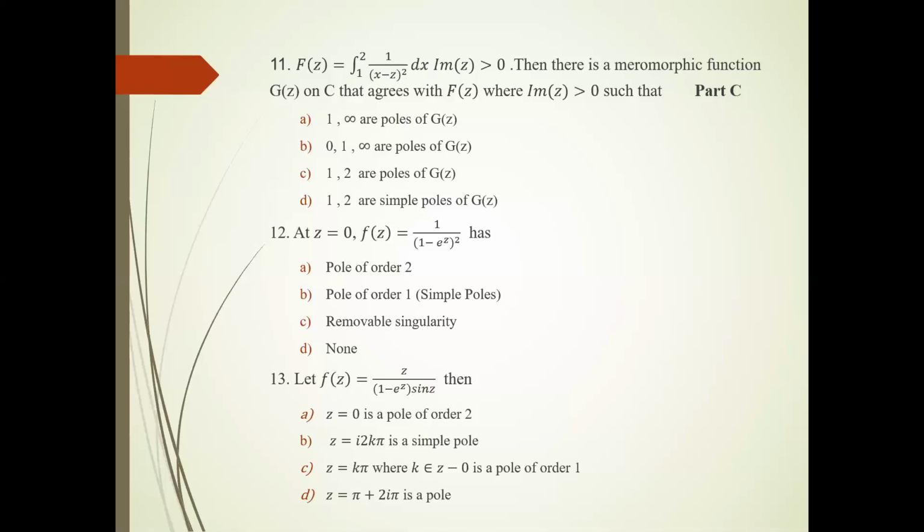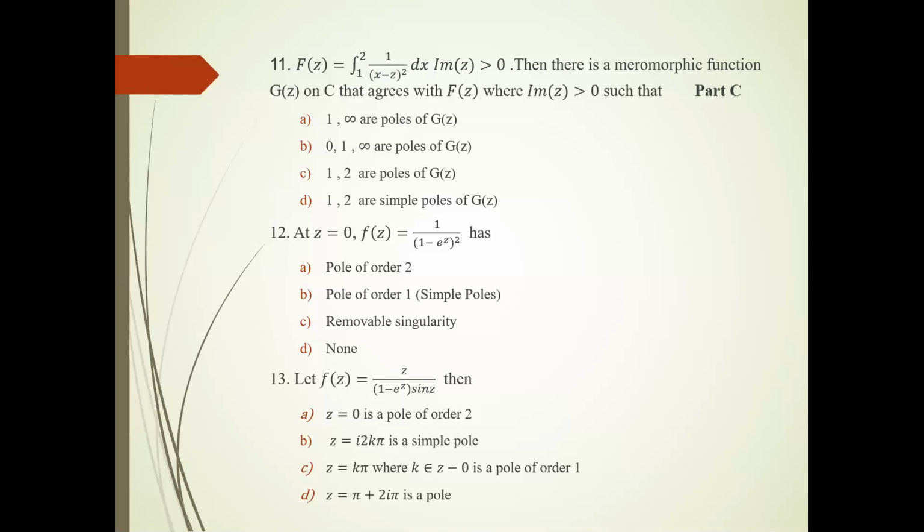And we have to check which are the poles. We arrived at f(z) is equal to 1 upon 1 minus z minus 1 upon 2 minus z. So in the denominator there are two factors: the first factor is 2 minus z and the second factor is 1 minus z.